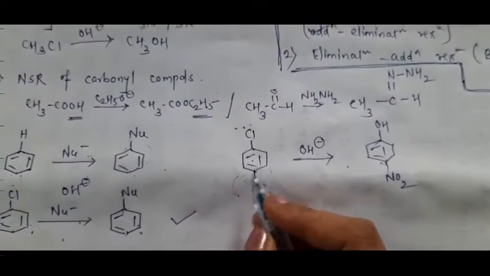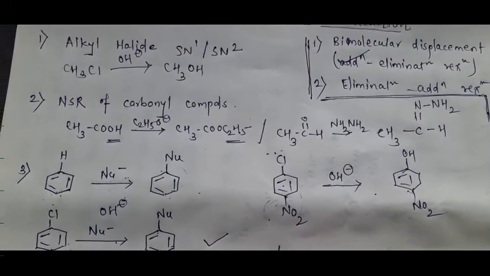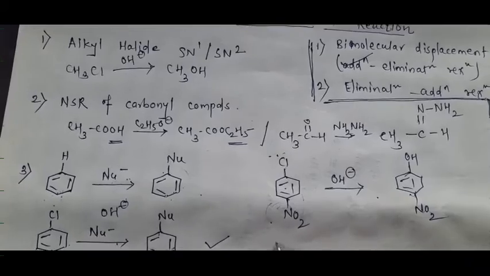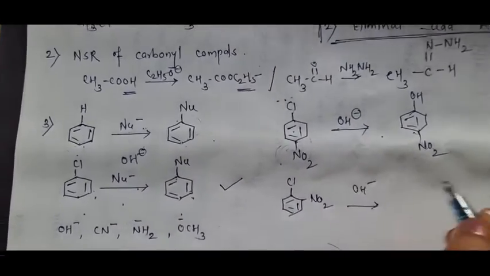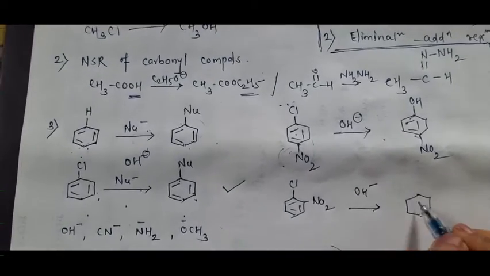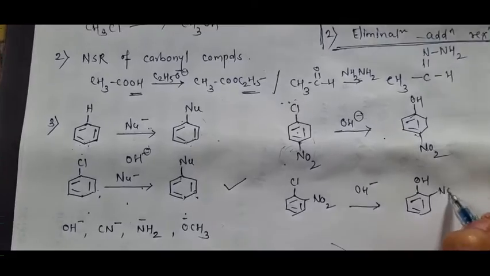Now here I have written paranitrochlorobenzene. I may even have an example of orthonitrochlorobenzene reacting with the nucleophile and giving me a product on the similar line where Cl is replaced by the OH group.